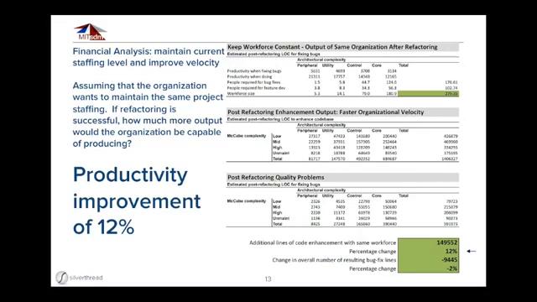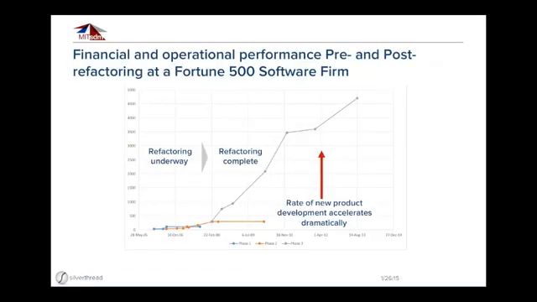Now this is a final example of a commercial firm that we've worked with. This is a refactoring project, so there's a before and an after of refactoring, and I find this one fascinating. The company was very successful at doing their refactoring, and what they did was they had an engine, and they had programs that ran on top of that engine that could be customized for different purposes.